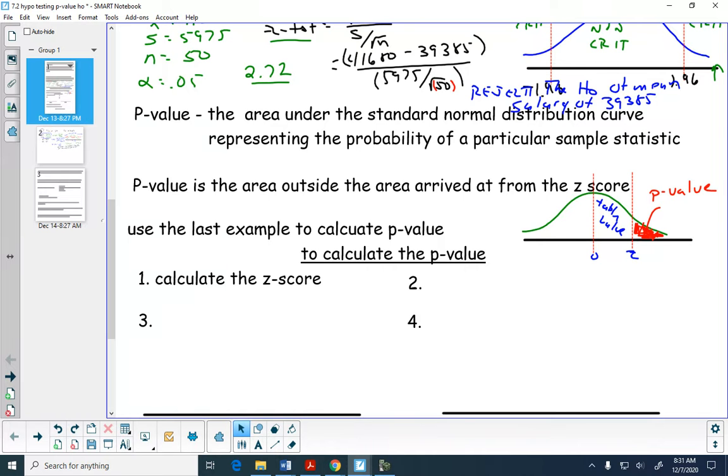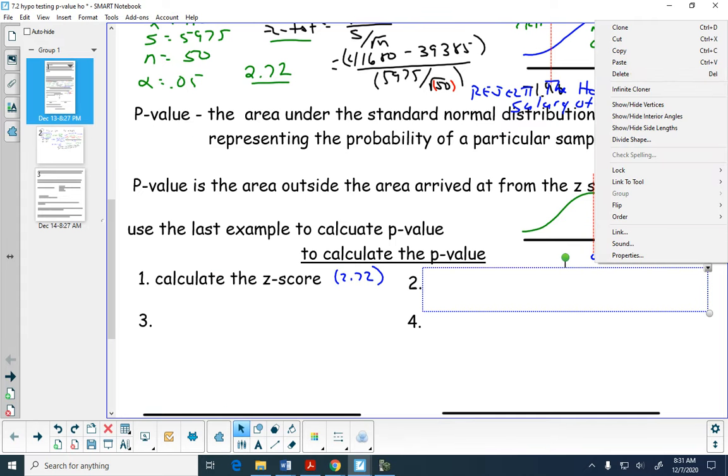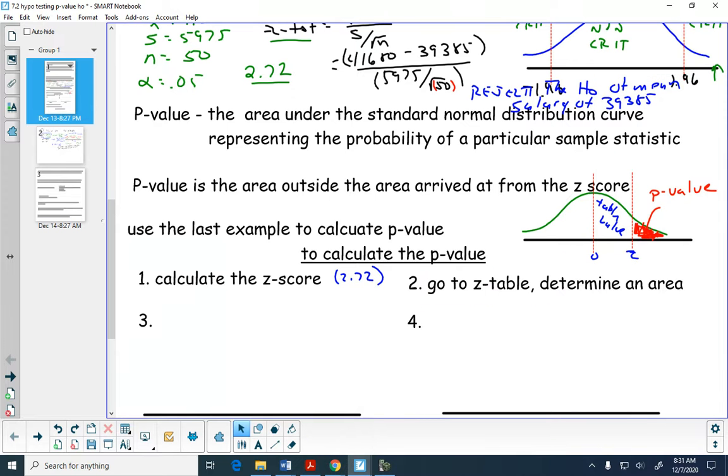For example, we just did up above, our z-test was 2.72. You go to your z-table and determine an area.